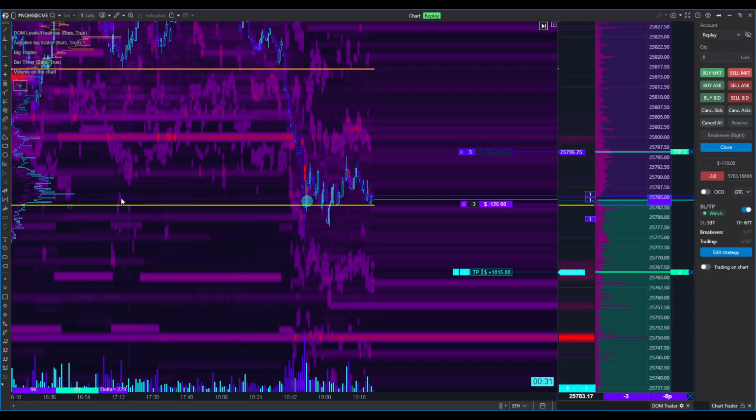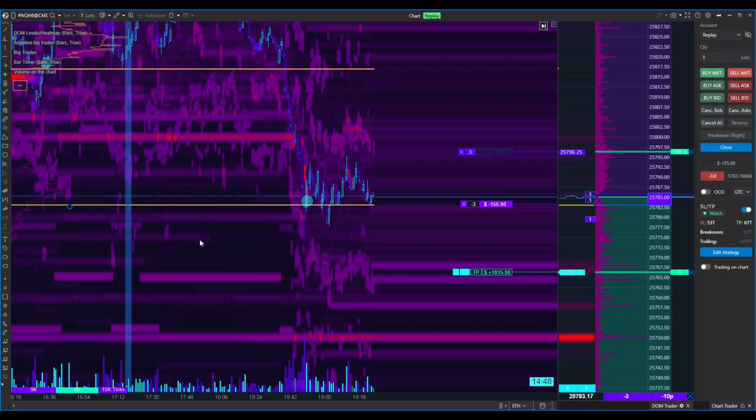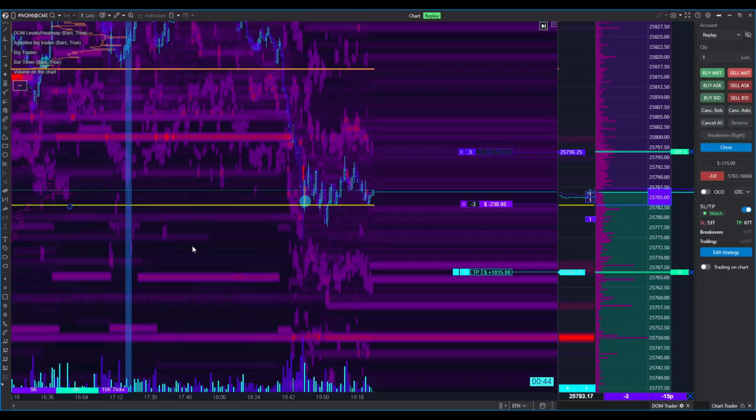Let me change this so you guys can see what I was talking about with the bid-ask spread. Show you. So here on the Addis platform, you can change the profile type, and you can go to volume, total volume traded, the total trades, the delta.